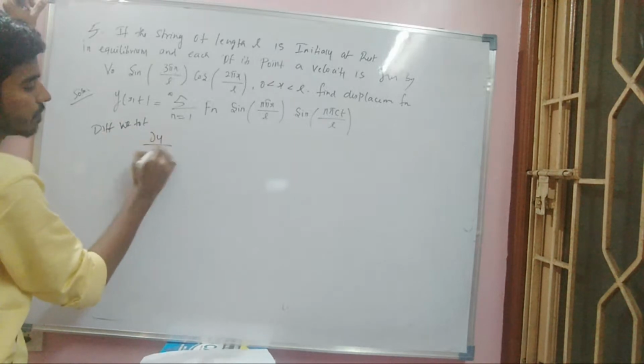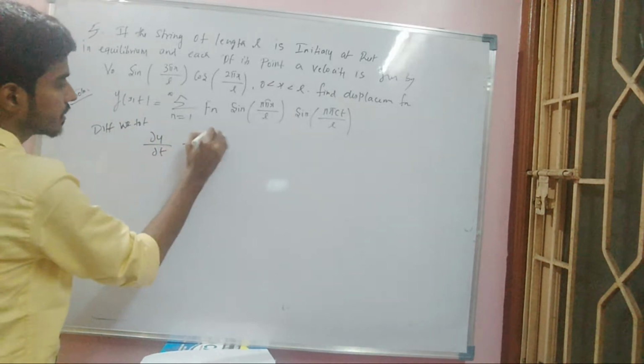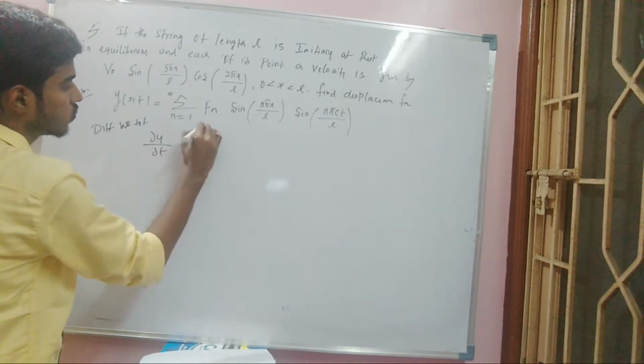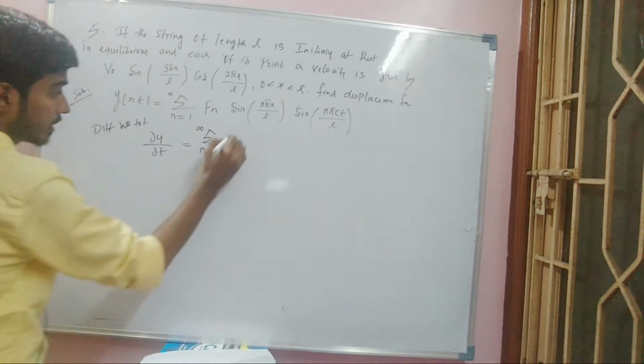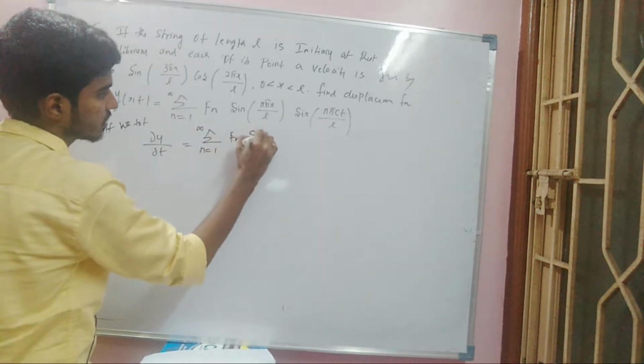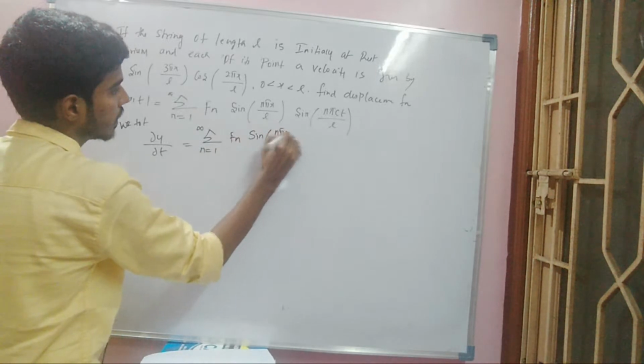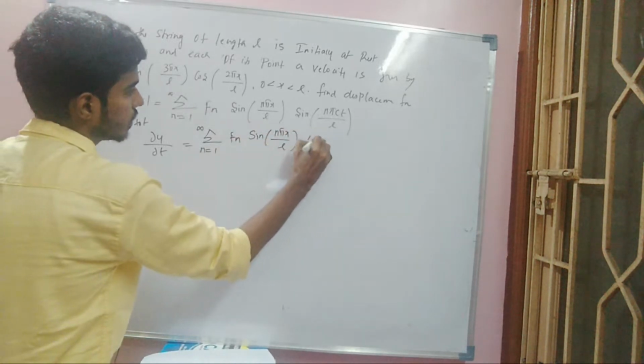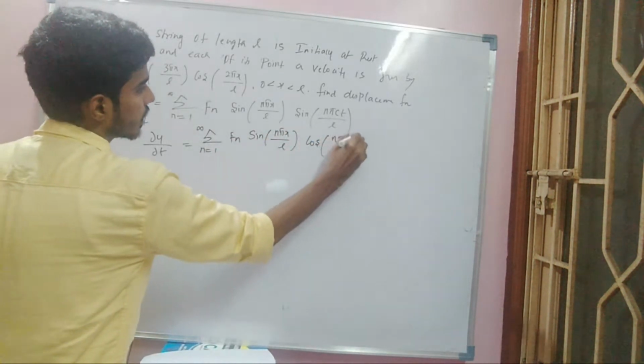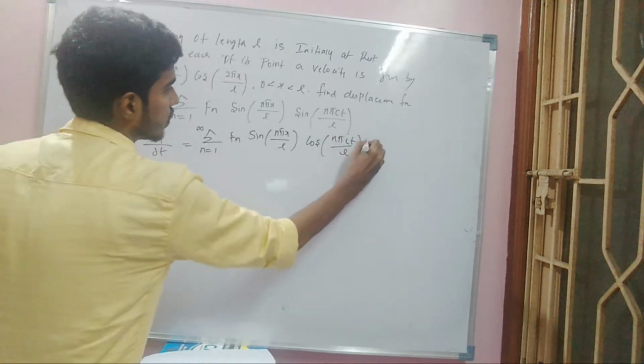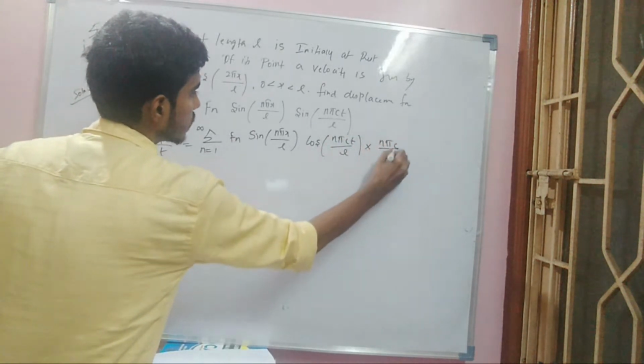This will be dou y by dou t, and this will be summation n is equal to 1 to infinity Fn, and this is constant, so sin n pi x by L. If I differentiate this, it will be cos n pi ct by L into n pi c by L.